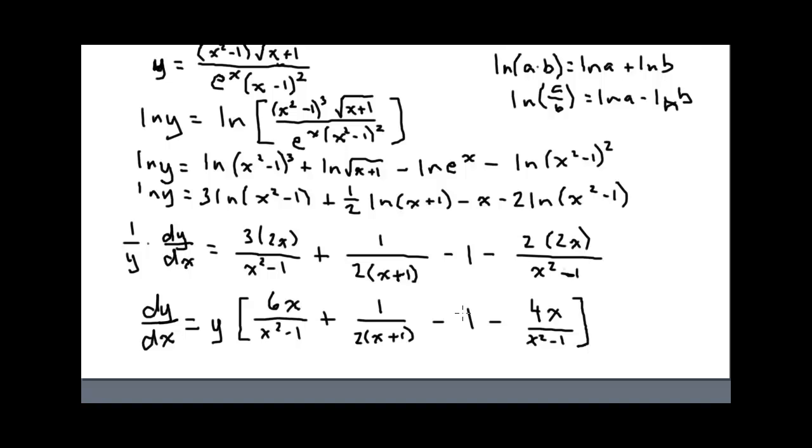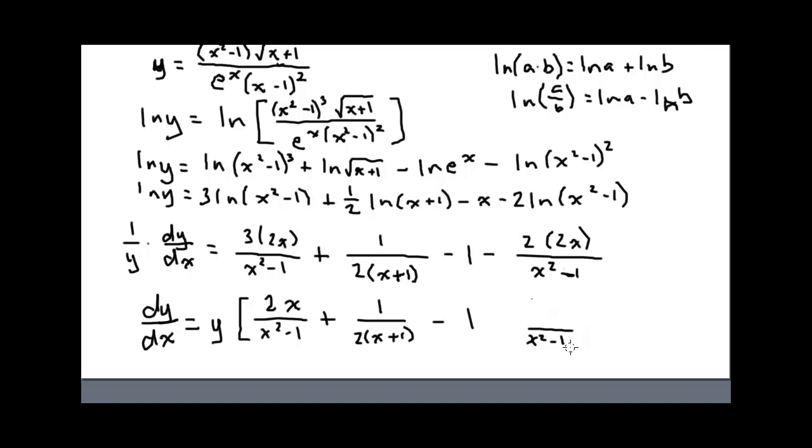And, oh, okay, there's a little more simplifying, right? 6x minus 4x, so I'm out of room, so I'm just going to change this one to 2x and erase this one. So 6x minus 2x.